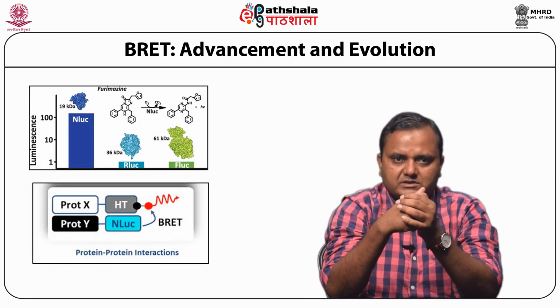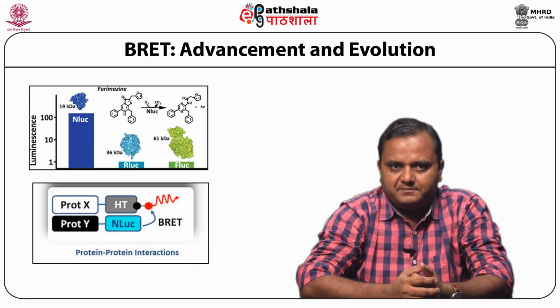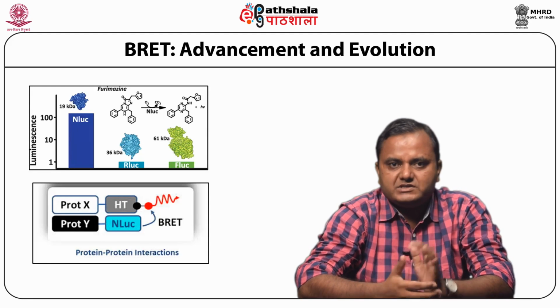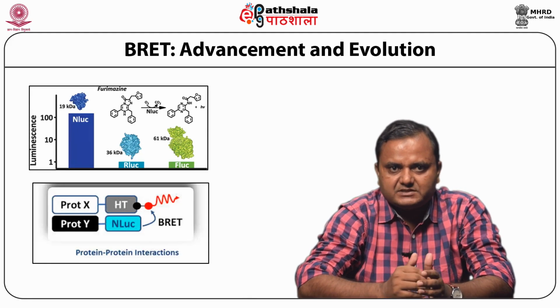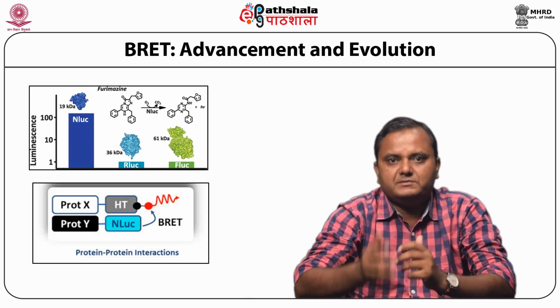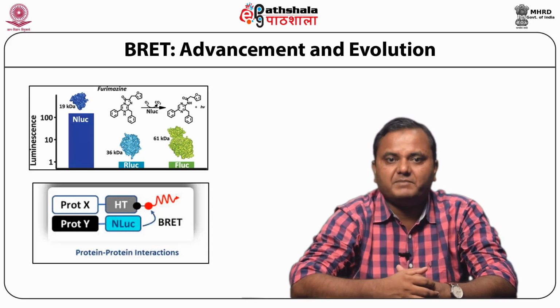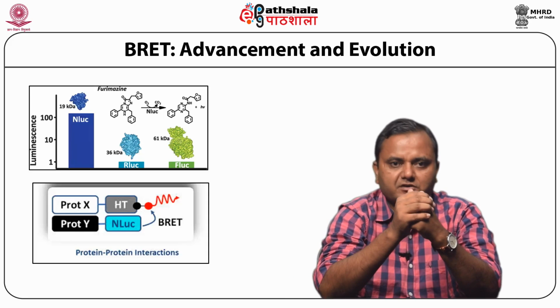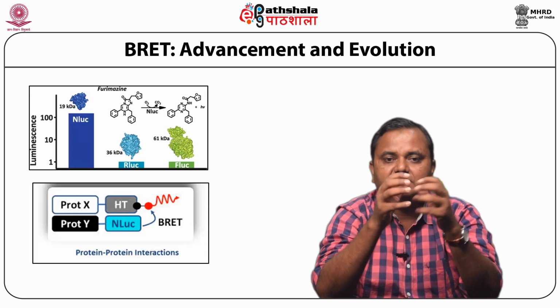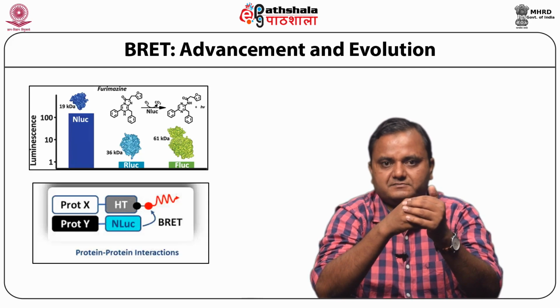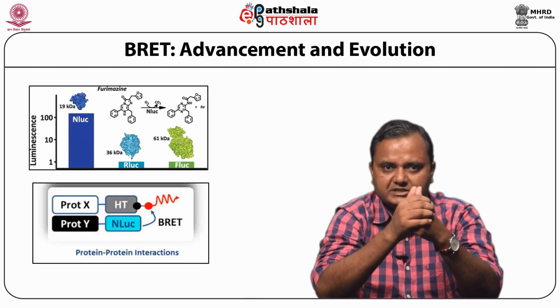Now we talk about the advancement in the BRET methods. The development of nanoluciferase from the deep sea shrimp has improved the luminescence expression in mammalian cells around 2.5 million fold by merging optimization of protein structure with the development of a novel imidazopyrazinone substrate known as furimazine.